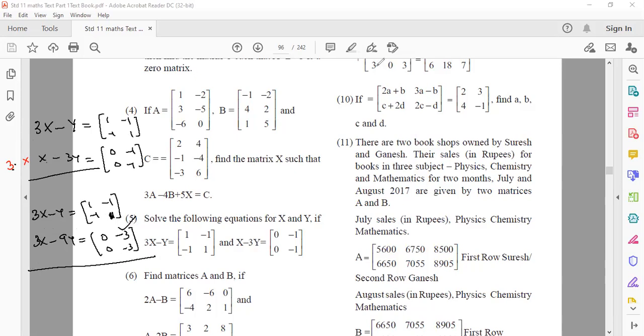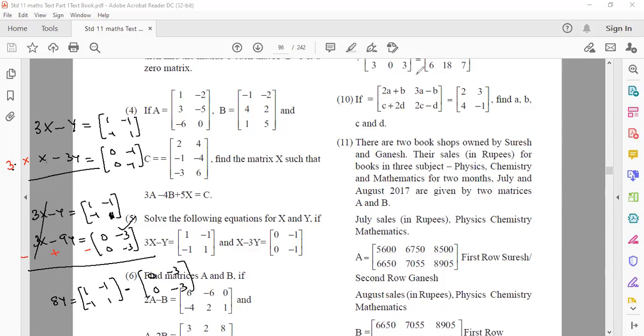Now what do you do? You subtract. When you subtract, the sign changes. 3x will get cancelled. 8y is equal to [1, -1; -1, 1] minus [0, -3; 0, -3].